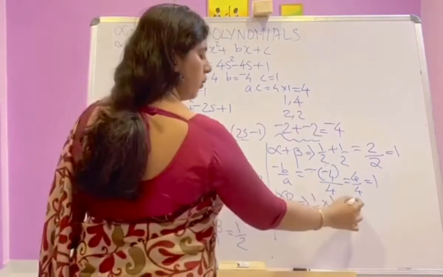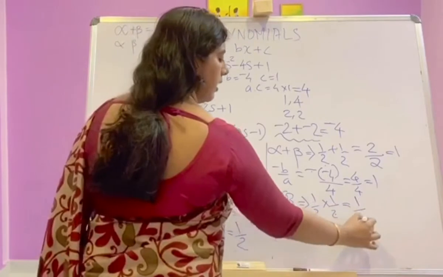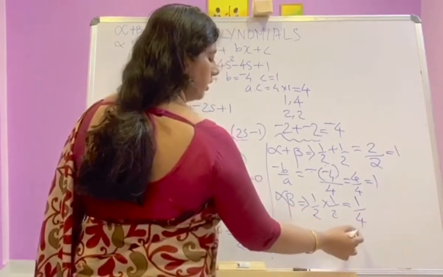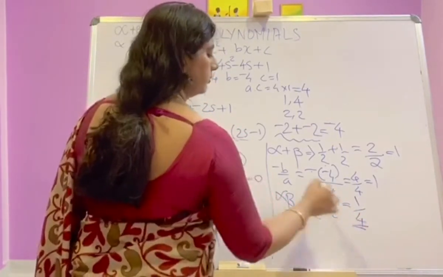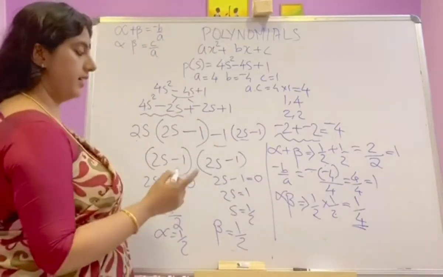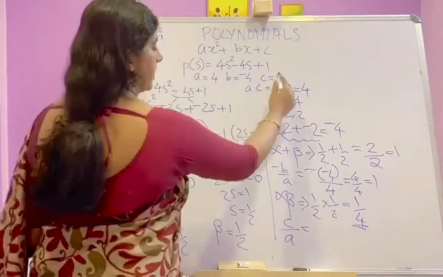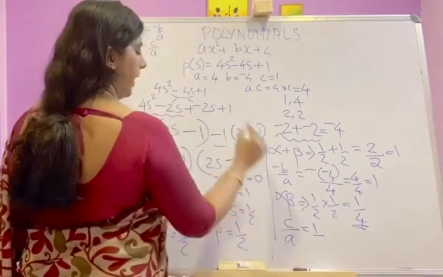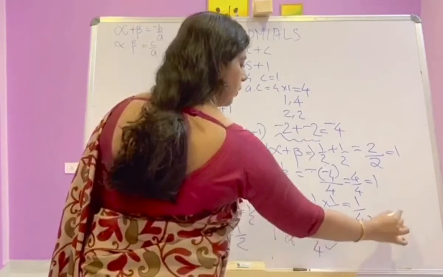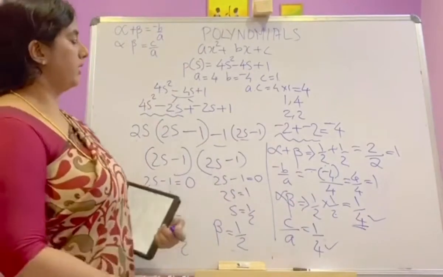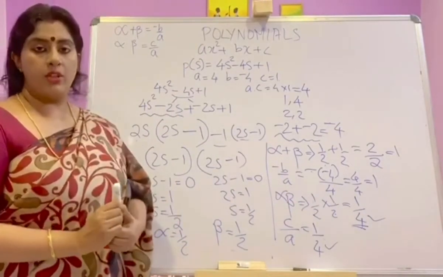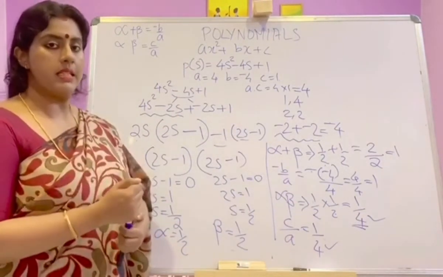That is 1 into 1 is 1, and 2 twos are 4. 1 by 4 is the answer. Let us check it with c by a. c is 1 here, a is 4. Hence, verified. So, this relationship of coefficients and zeroes is verified.